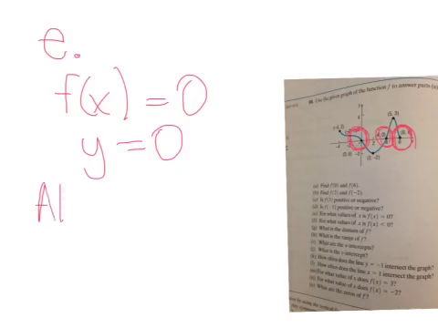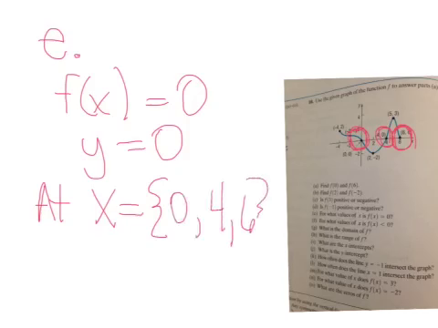And I could do set notation. So I separate my solutions by commas: 0, comma 4, comma 6. Sorry about that bracket. Comma f of x is equal to 0. That's my solution.